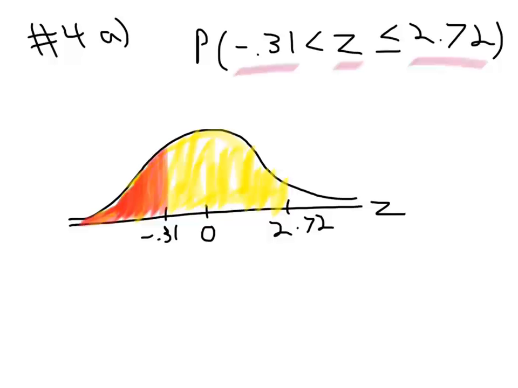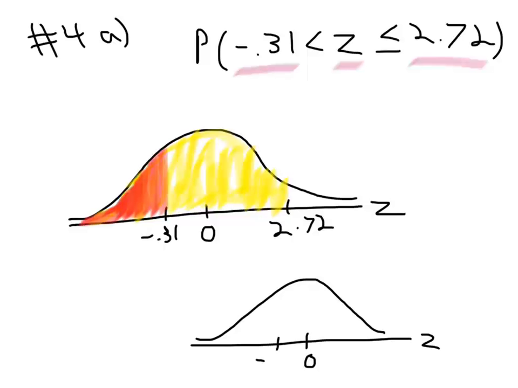One problem that we have is that we cannot look up the red area right now because our table doesn't include negative numbers. However, let's use symmetry to our advantage. So we want to find the area to the left of negative 0.31.